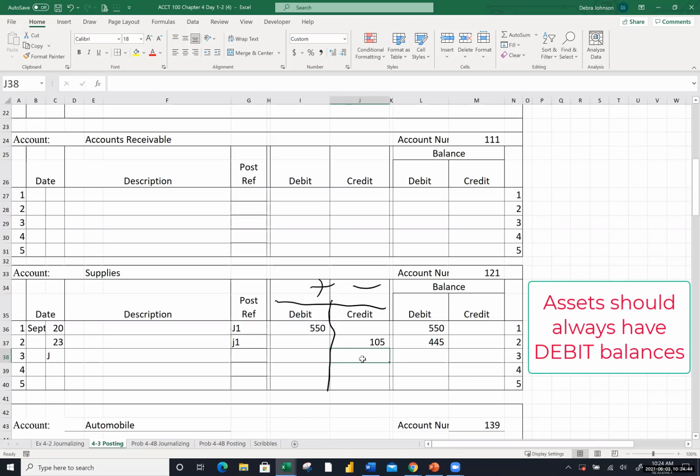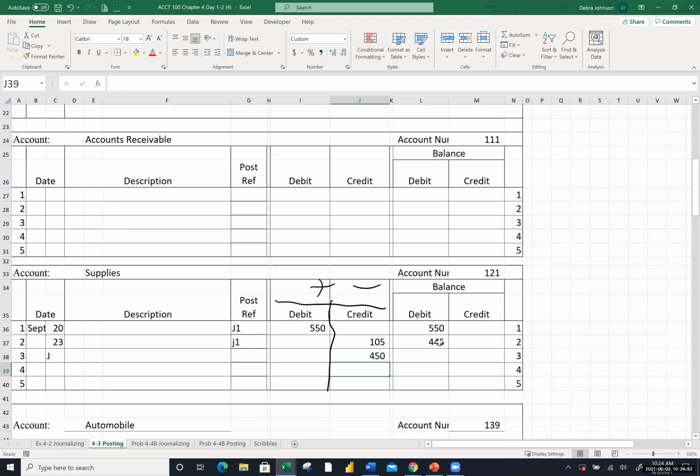So if I had a transaction where we had supplies decrease of 450, right? Do you see what that does? That's going to tell you that you have an error someplace because we can't have an asset with a credit balance. All assets have to have a debit balance at all times.